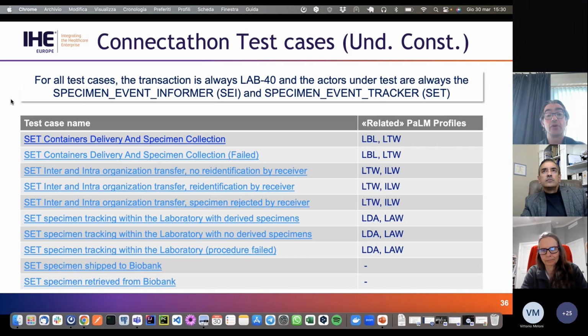So to ensure also, in the preparation phase for the Connectathon, that the messages produced by the system are compliant with the technical frameworks and so with the profile.